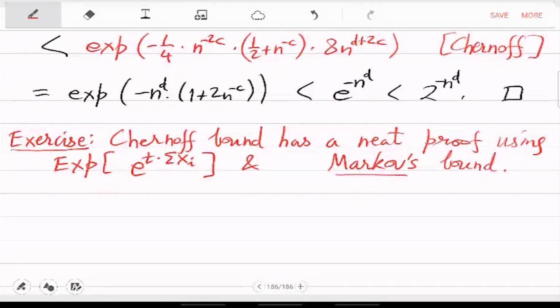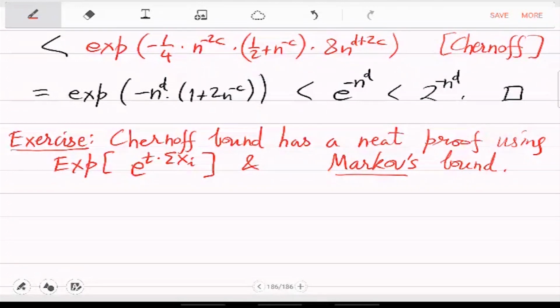Markov bound is essentially the definition of expectation. It follows from that. So using Markov bound and the expectation of e raised to t sigma xi, you can deduce this statement that we have written. So I will not do that here.